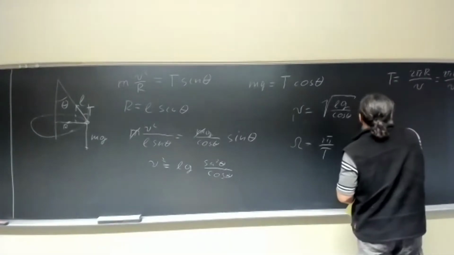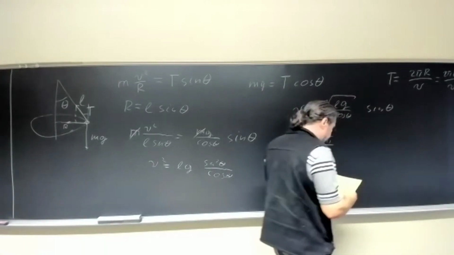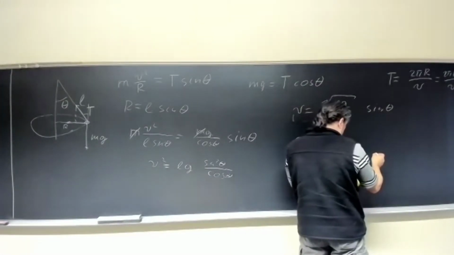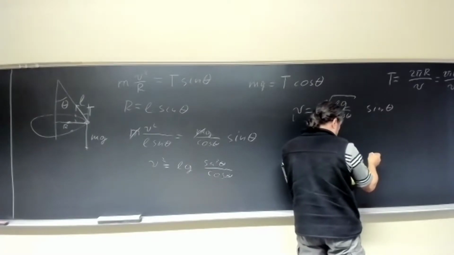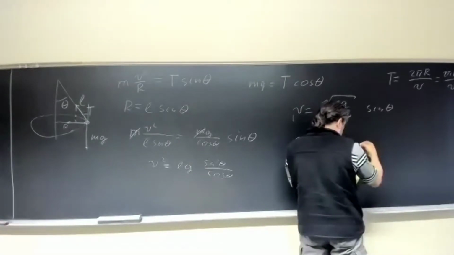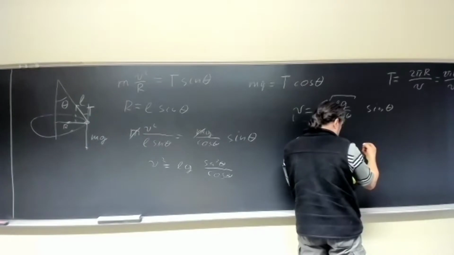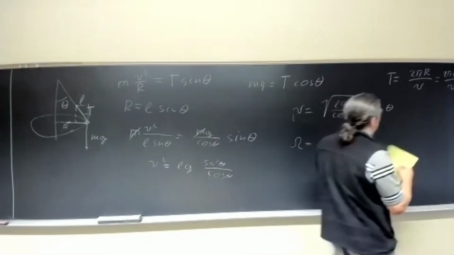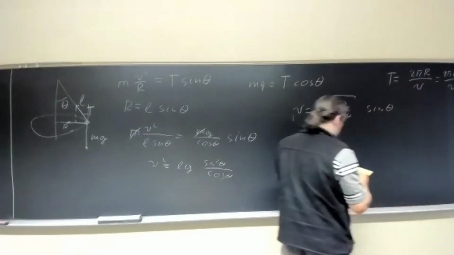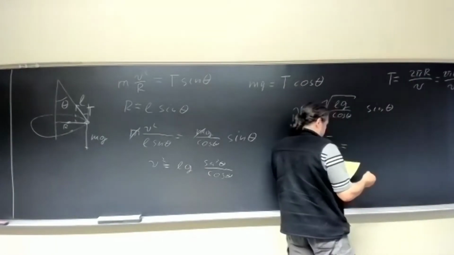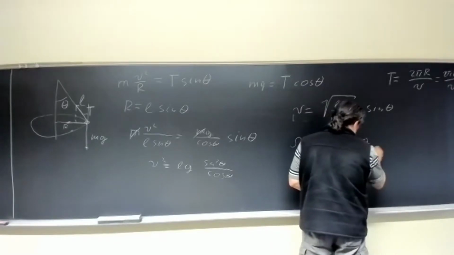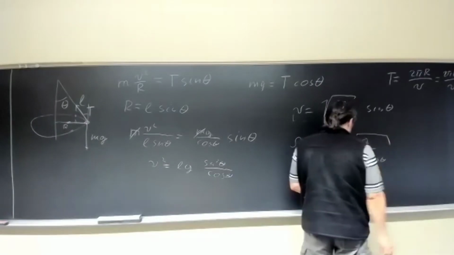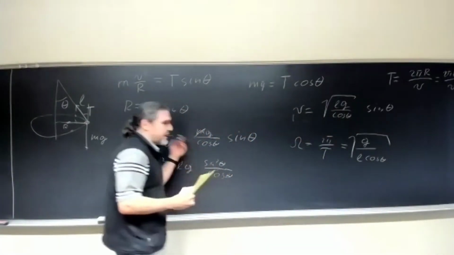But velocity also has sine theta there, so it cancels out, and what you have now is that this equals, the 2 pi is also cancelled out, sorry, and what you have is the square root of G divided by L times cosine theta. And that's the frequency of the rotation.